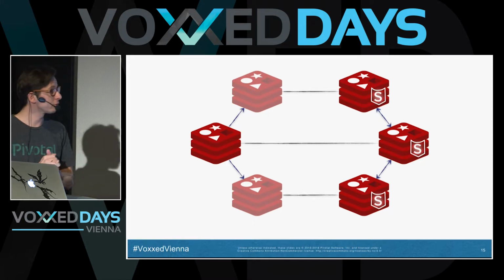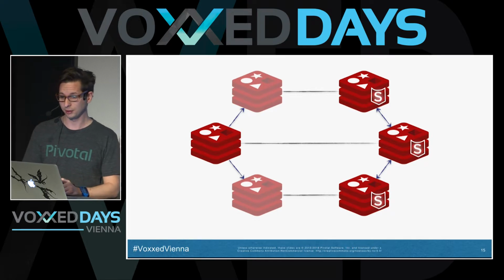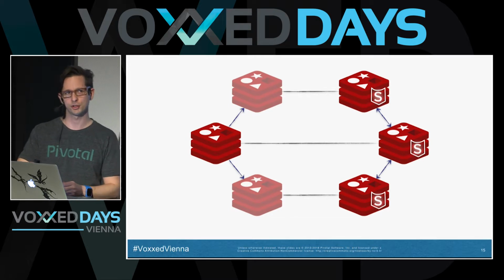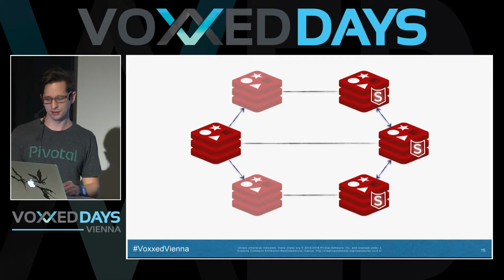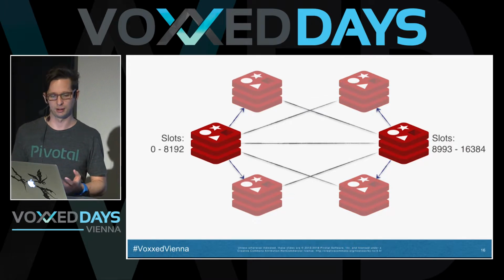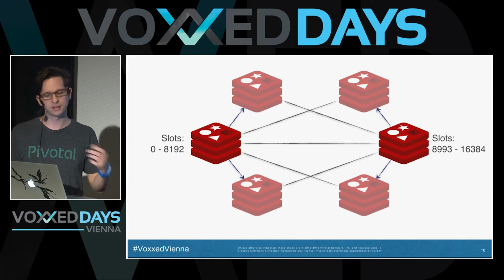Okay, since Redis 3, we got something called Redis cluster. And Redis cluster is different from this high availability scenario that we just talked about with the Sentinels. Because in Redis cluster, there is no such thing as a Sentinel, but there are master servers and there are slaves.